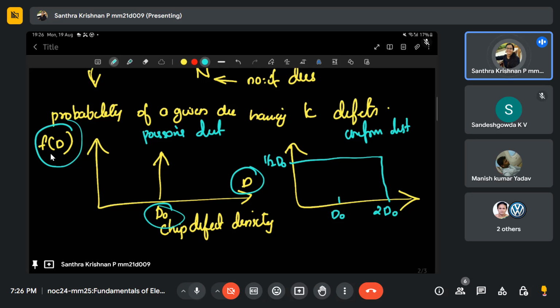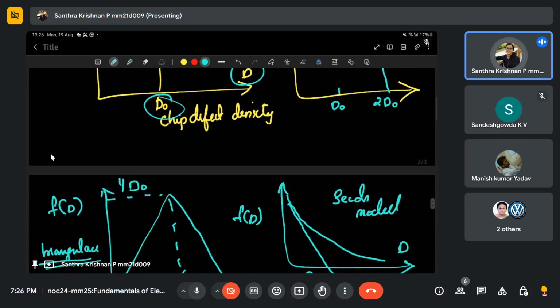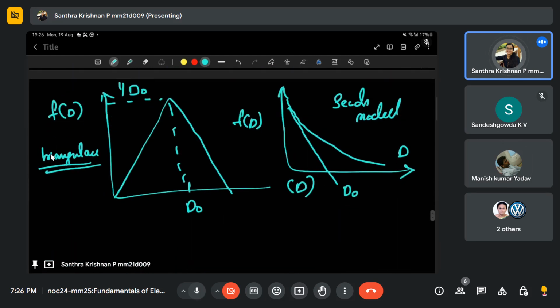Yield function is given by 1 by 1 plus d0 into a, which is a more generalized term. But if the question is asked which is an exponential, then the answer would be the seeds model.